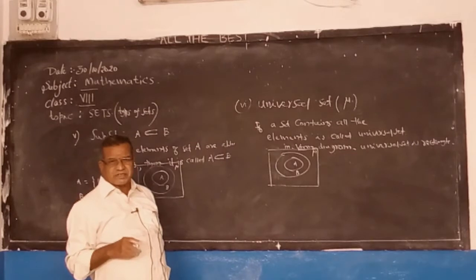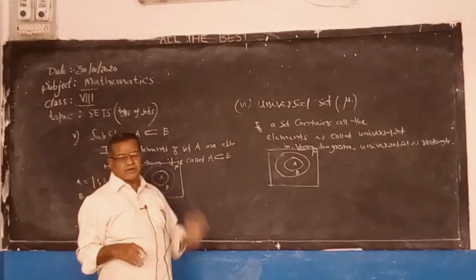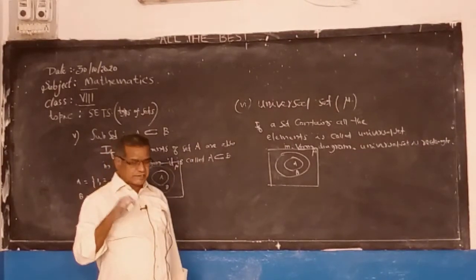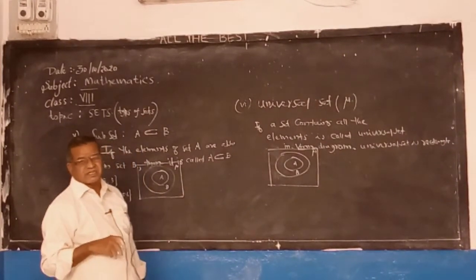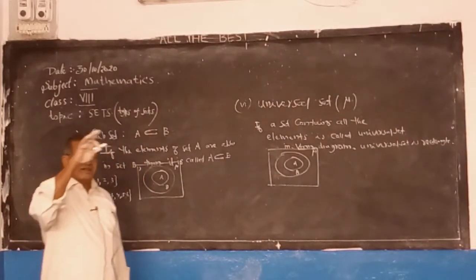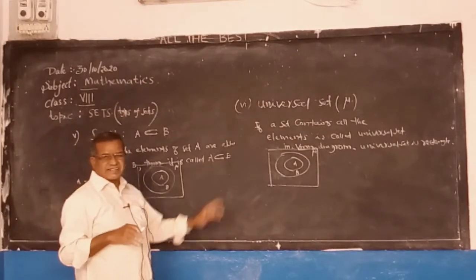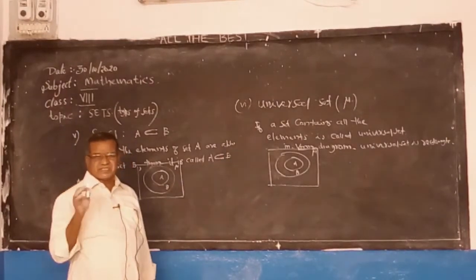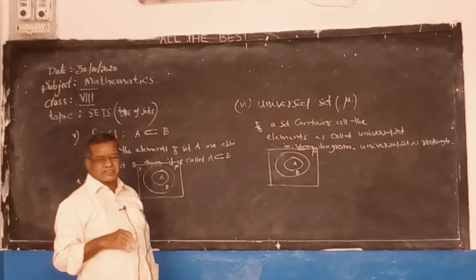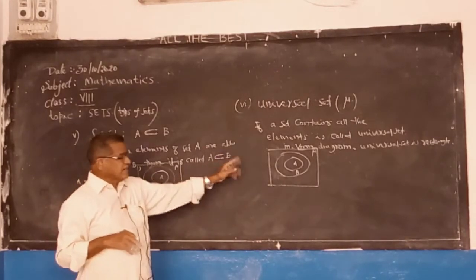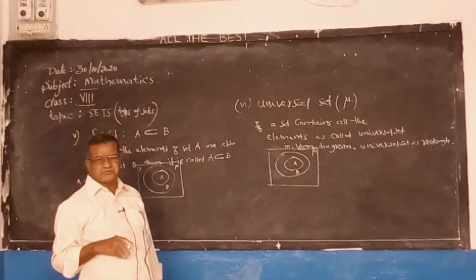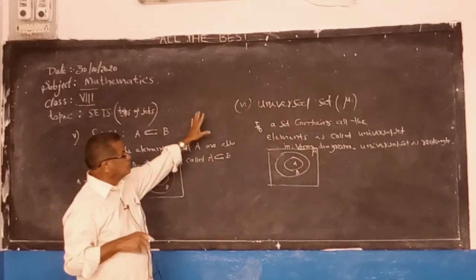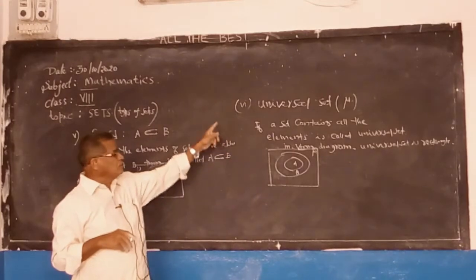When speaking about Narayana institutions, Narayana brand name, it is a universal rectangle. Chaitanya's institutions are there, so the whole rectangle is Chaitanya, and the branches are circles, subsets. That is the meaning to understand universal set.